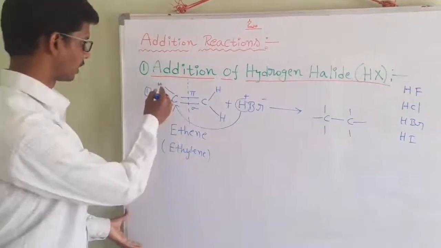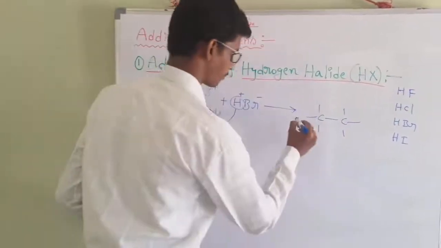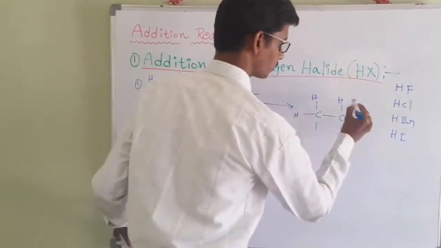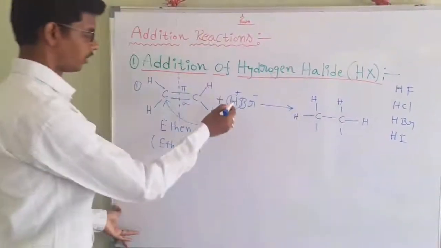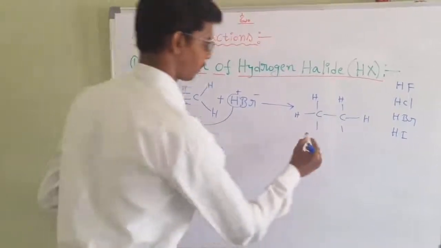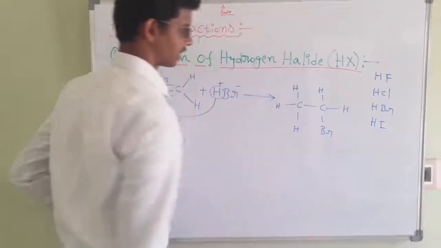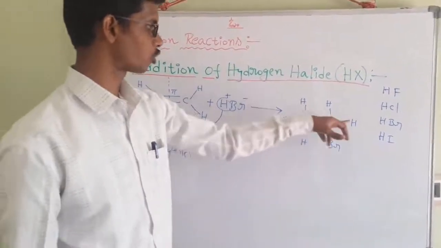Let us see. The two hydrogens are written as they are. Here you add hydrogen or bromine, whichever it may be. I added hydrogen, next bromine. What is its name? CH3 CH2 Br.